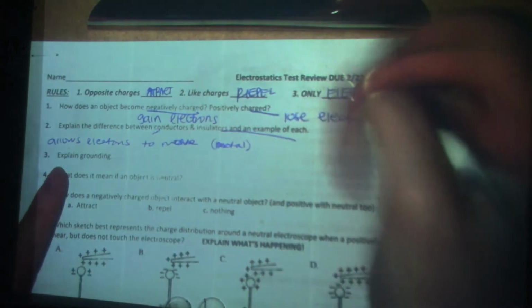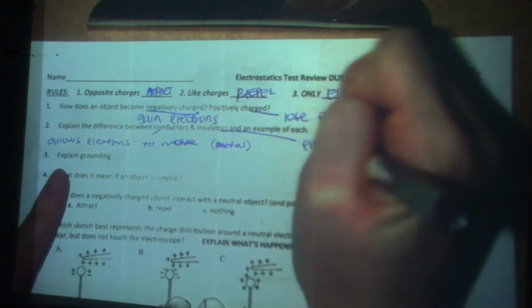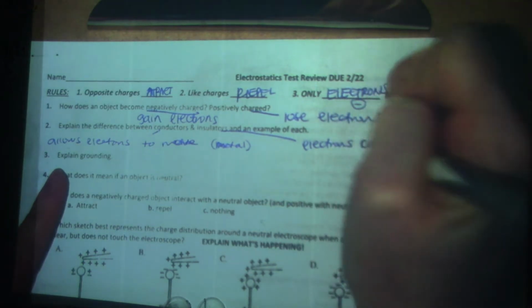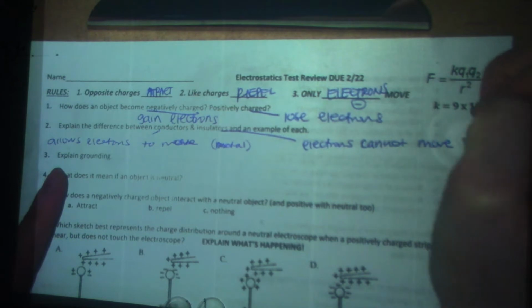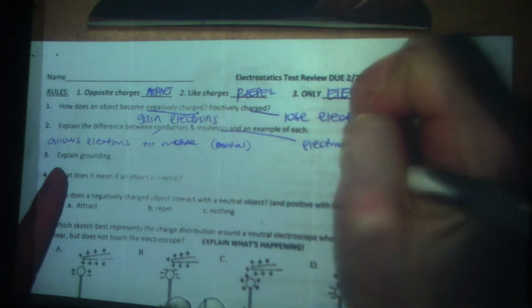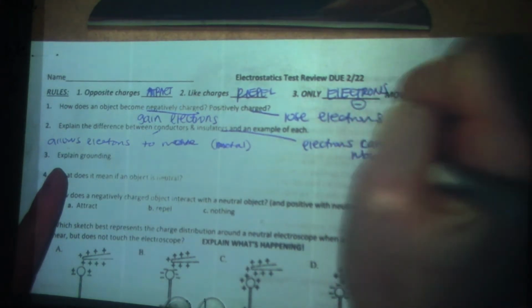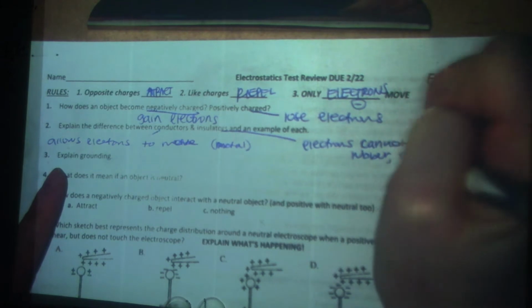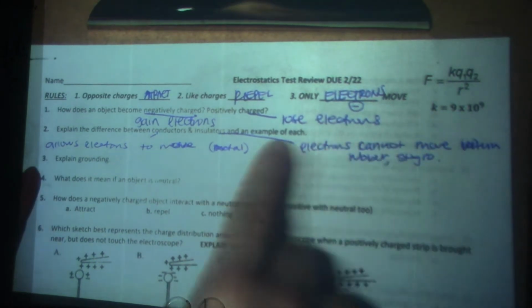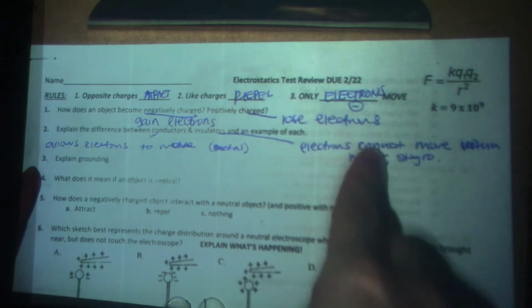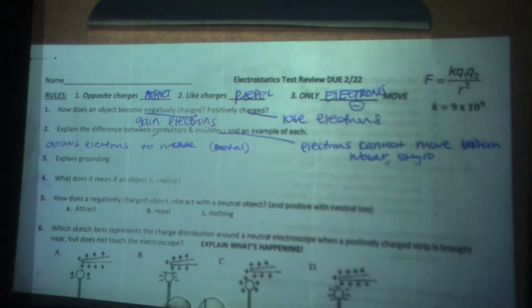In an insulator, the electrons cannot move around within it. An example of this would be rubber, plastic, styrofoam, etc. All of those would be examples of materials where you can get electrons into that material, but they can't move around within it.